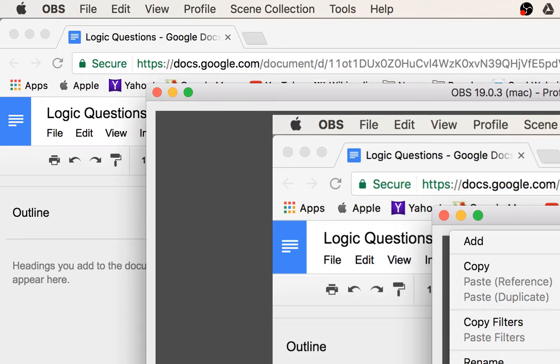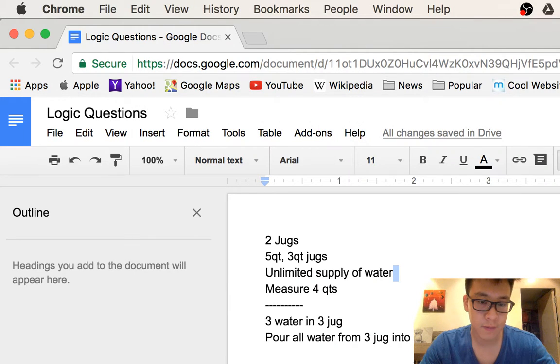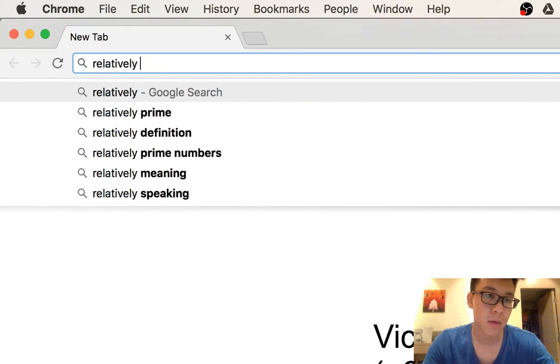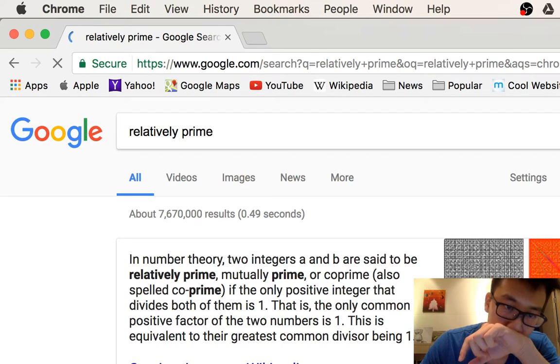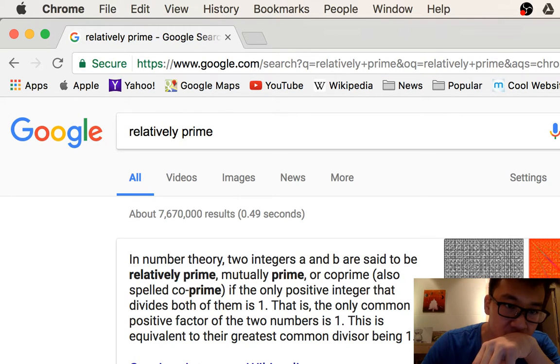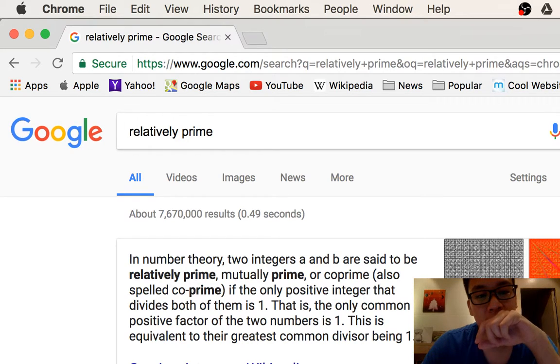Let me just look up the definition real quick. Okay, so they don't have any common factors. Say 6 and 9 are not relatively prime.